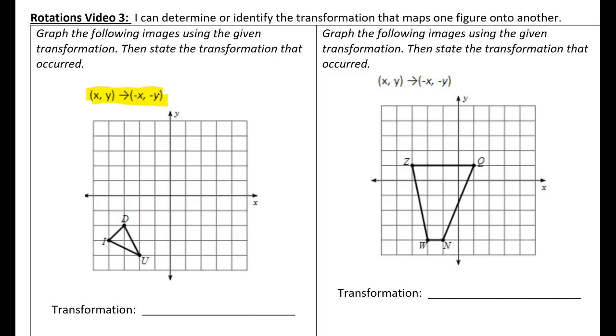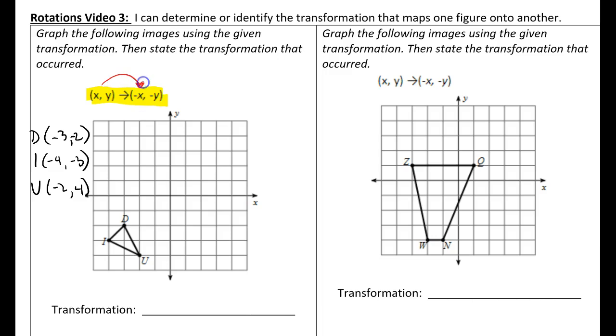So let's go ahead and write the coordinates for D and I and U. So point D is -3, -2. And I is -4, -3. And U is -2, -4. And then we can go ahead and write using the rule.